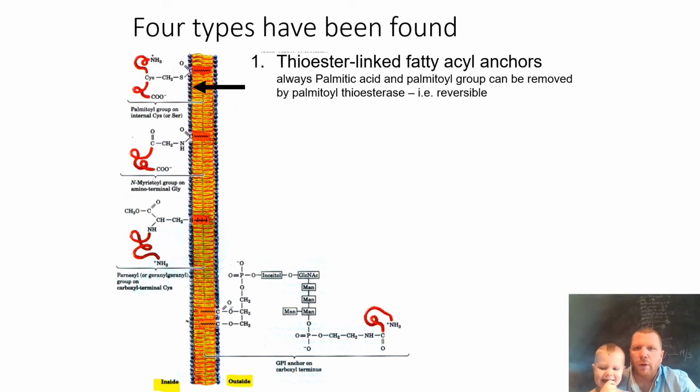We've got a thioester-linked fatty acyl anchor, where a palmitic acid group, or palmitoyl group, has been added to a specific cysteine or serine residue. This is a reversible linkage, so a protein can have this thioester linkage and be connected to the membrane.